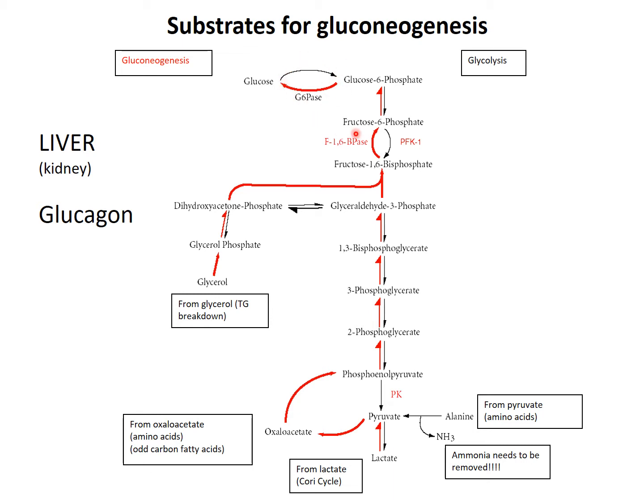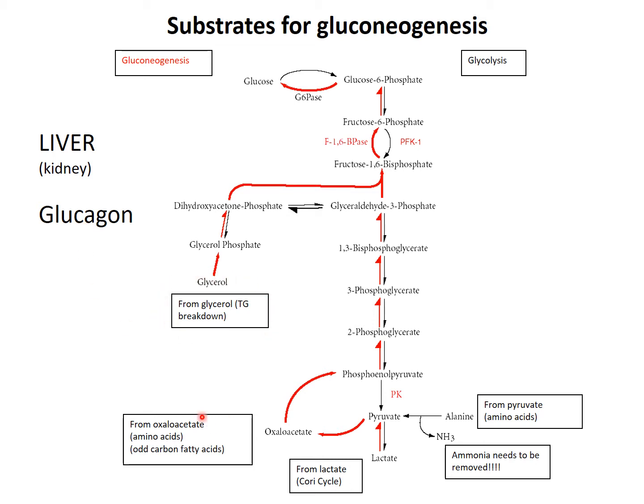And you may remember from the previous lecture that when you see these curved arrows, it means that these are the enzymes that are irreversible in the glycolytic process, which means that these enzymes need to be circumvented by other enzymes to turn back glycolysis and actually produce glucose. This figure also says that it is in the liver and glucagon is the signal, so good to remember.